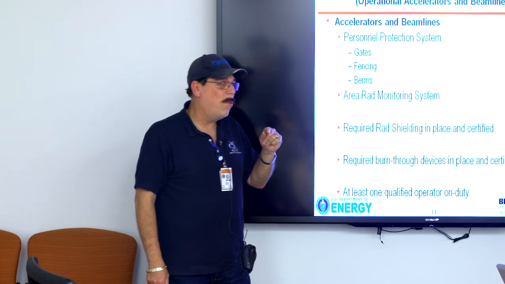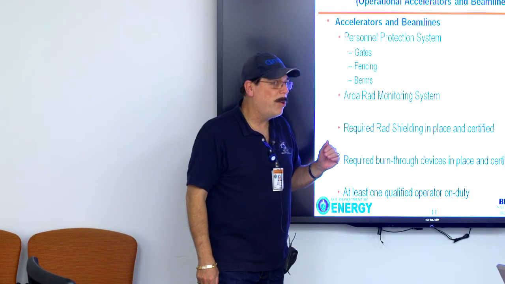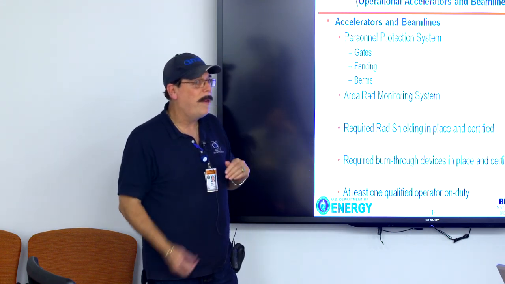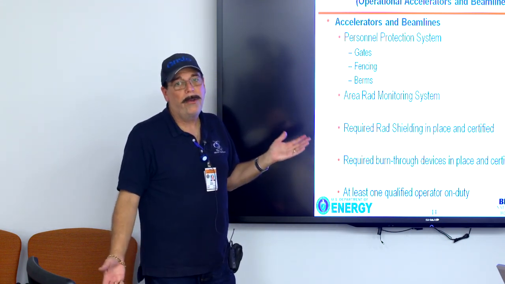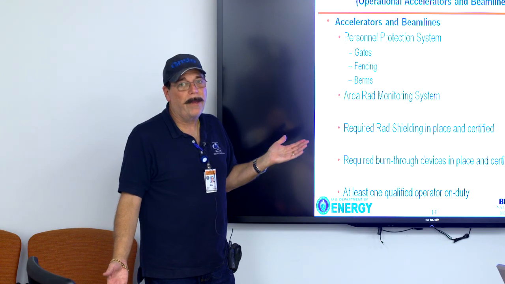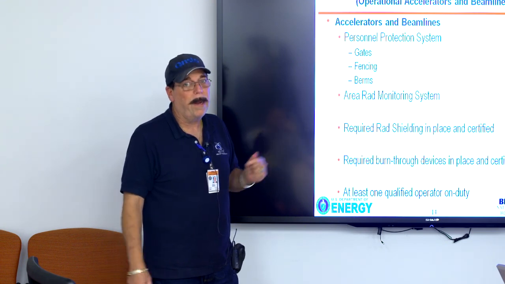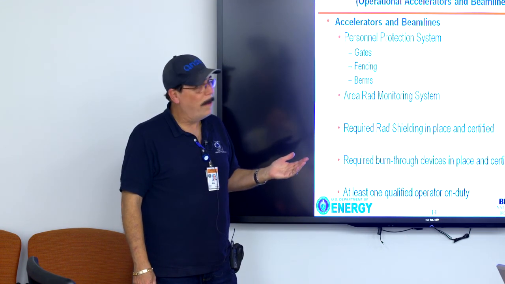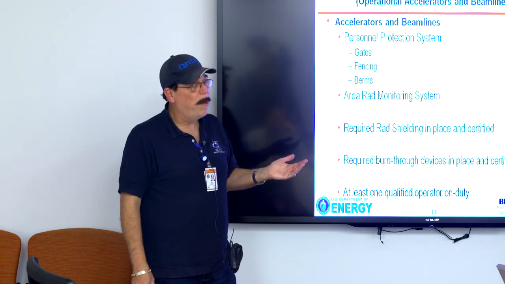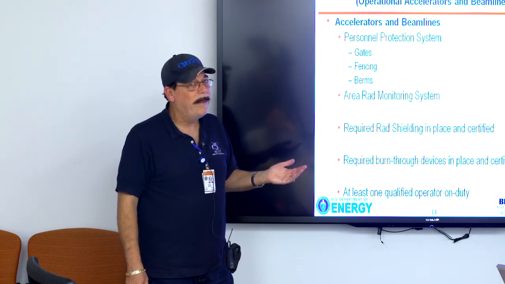So he called for literally a survey to be made of the berms to confirm that they were in fact the appropriate thickness. This is earthen shielding on top of the various components, typically the LINAC and booster. And lo and behold, it was not up to spec. In some cases, it was off by over a foot.